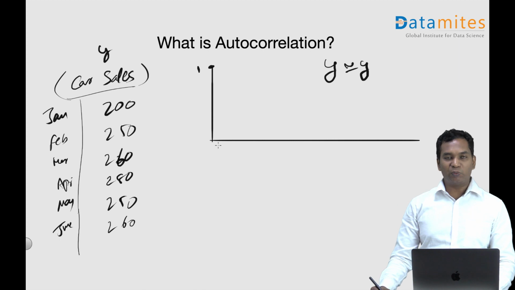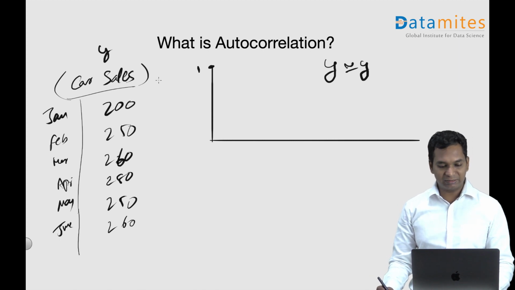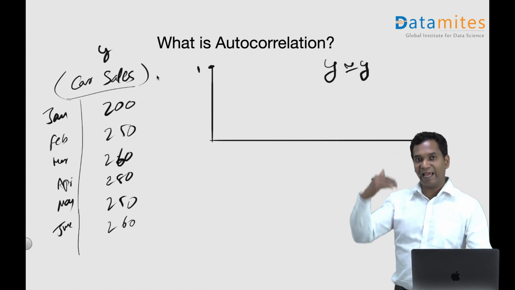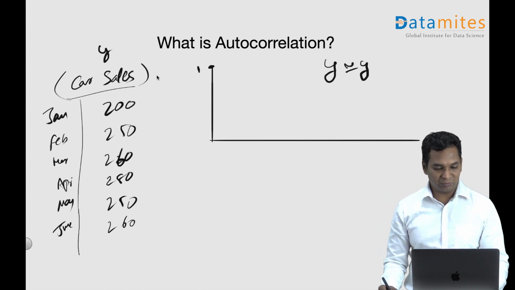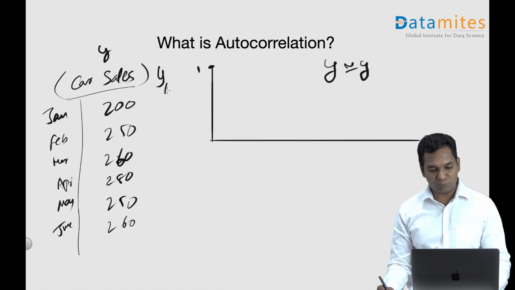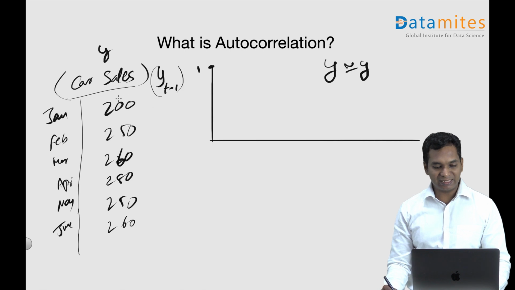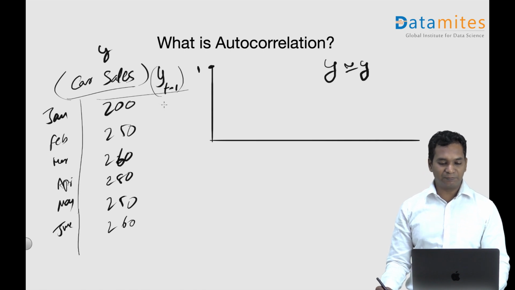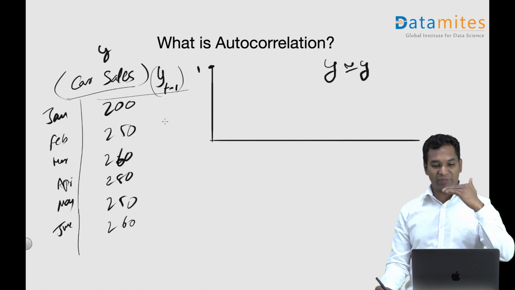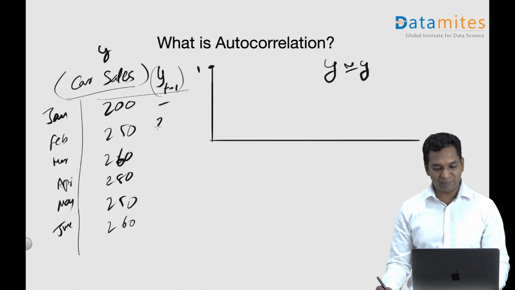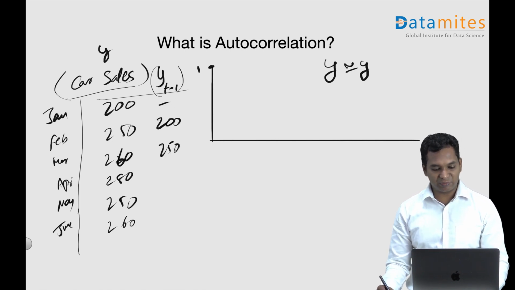Then what we do is we lag. We say one time unit lag. What do you mean by lag? We'll say yt minus 1. It means that you're going to push these numbers a bit. So the January sales become February sales, February sales become March sales.